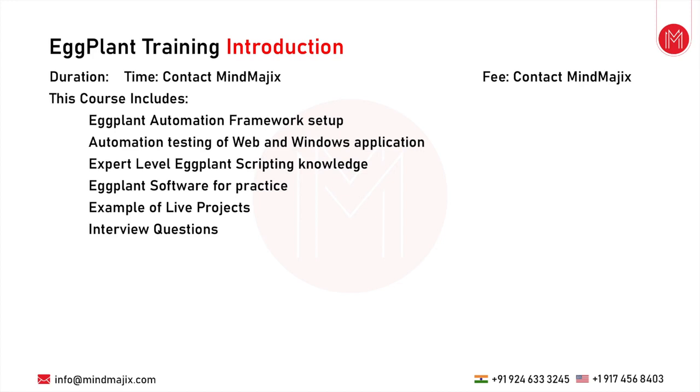I'll be providing how to do the framework setup and sharing some documents as well. Then testing web and window applications; I'll be covering both. After this training you'll be at expert level training, so you need to practice a lot.